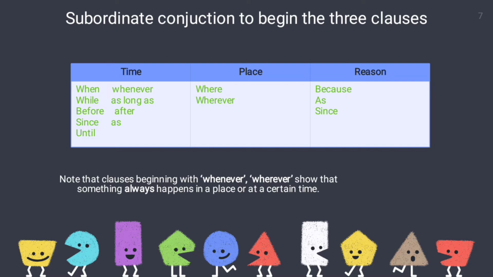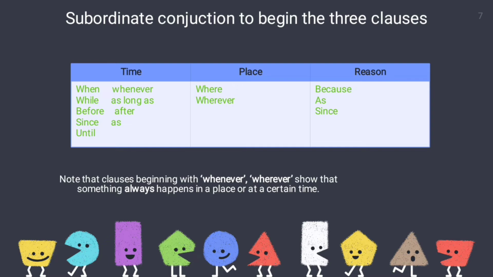Then in adverb clauses of place, we can use the subordinating conjunctions where and wherever, which can express an explanation of the place or location where something happens.